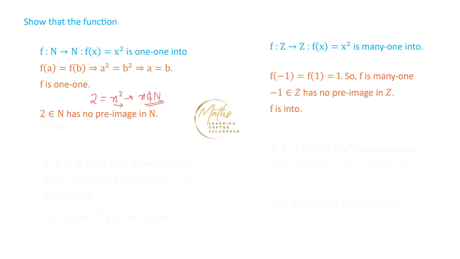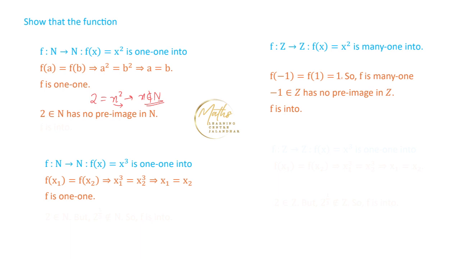Next, f is defined from the set of natural numbers to natural numbers, and f(x) is equal to x cube. We have to prove that it is 1-1 and into. So we consider f(x1) equal to f(x2). This implies x1 cube is equal to x2 cube, and this implies x1 is equal to x2. So f is a 1-1 function.